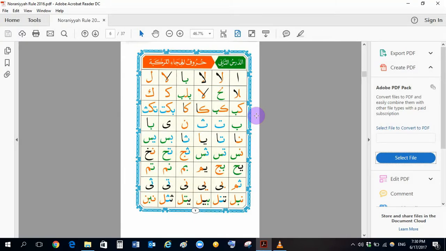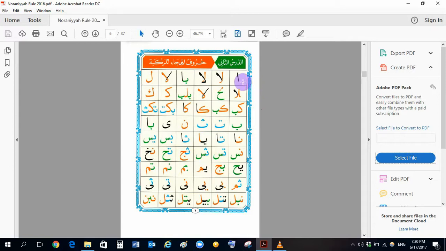And we have mentioned that the letter has 4 forms, the separate one, and then one in the beginning of a word, then the second in the middle, and the last form comes at the end of the word, and how they are changing their forms and connecting to each other.